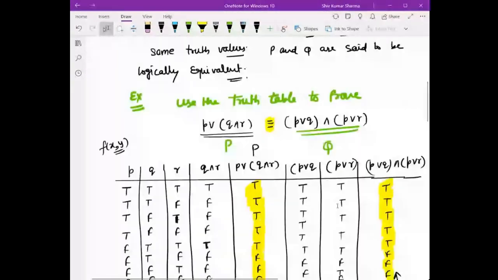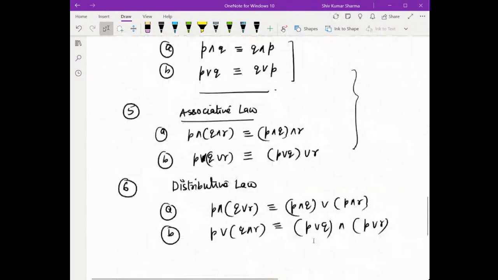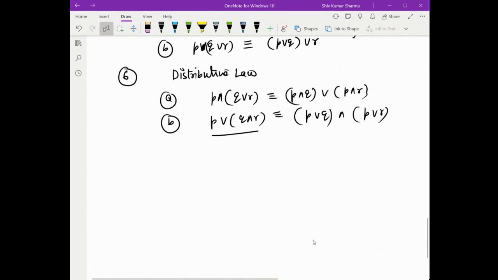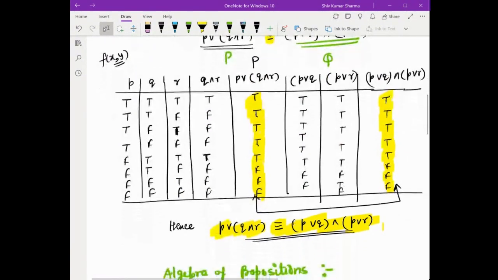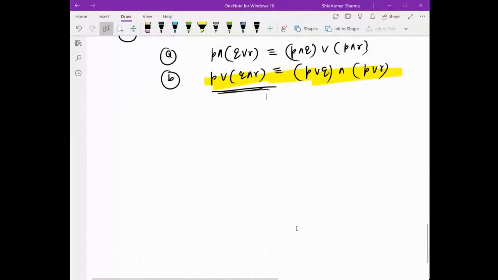We take an example here. This is the second distributive law, part B, which we already proved in this example. So you can solve the first part.